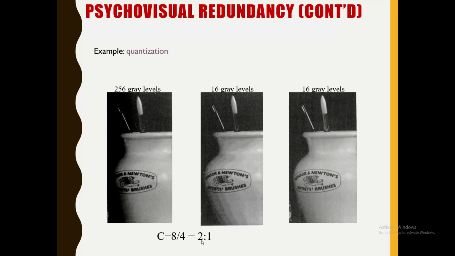The compression ratio is 2 to 1. This is another image. These images are obtained with the help of certain compression techniques, and the compression ratio remains the same. So I'm going to give you an example of those techniques from which we can obtain this kind of compression.